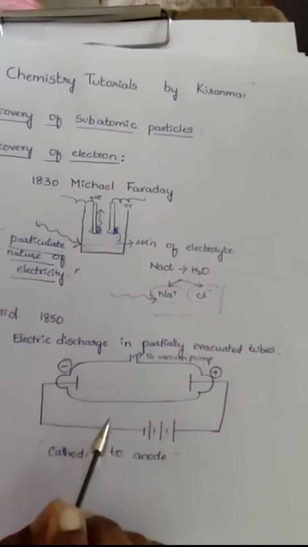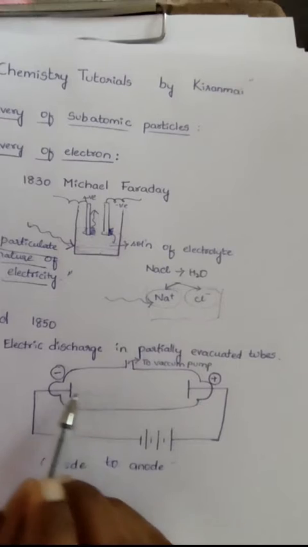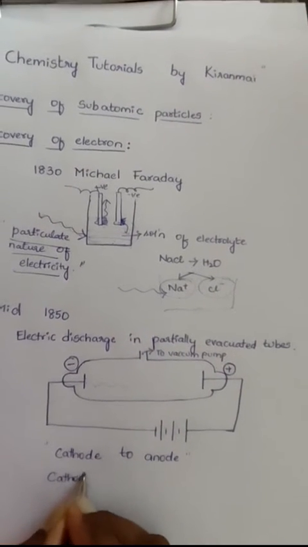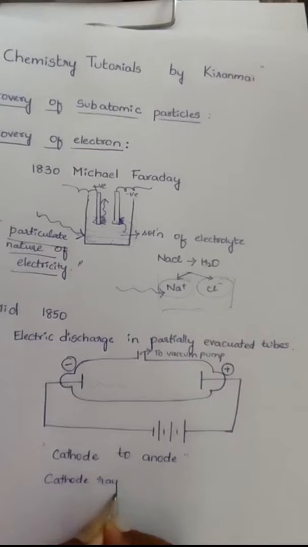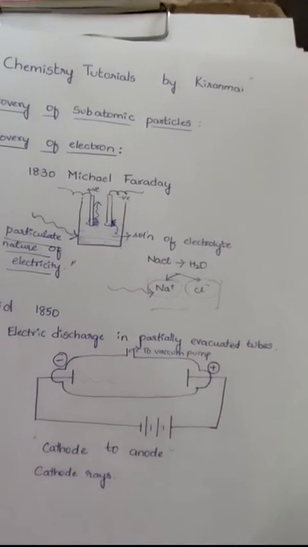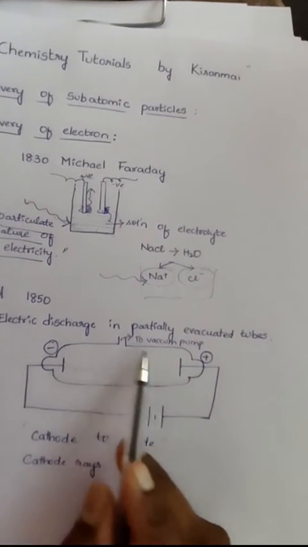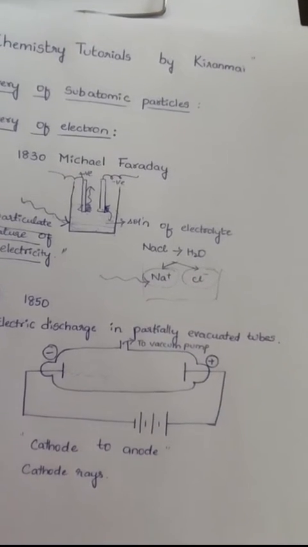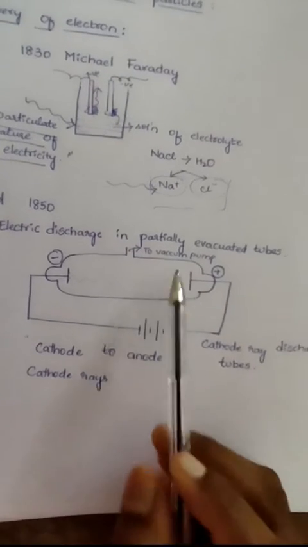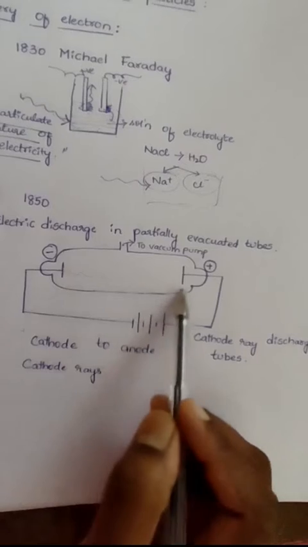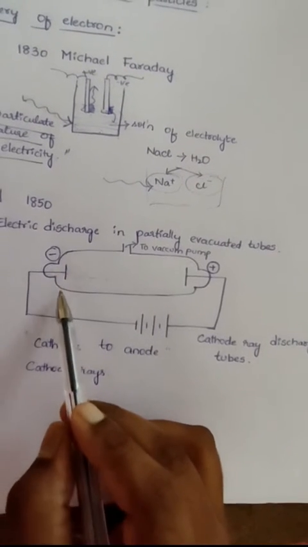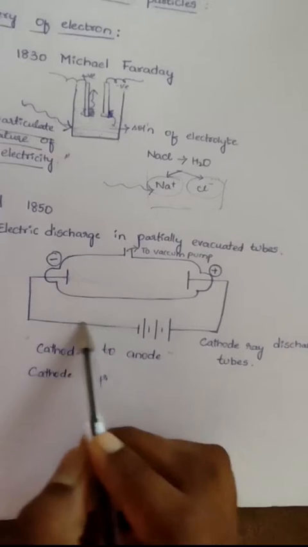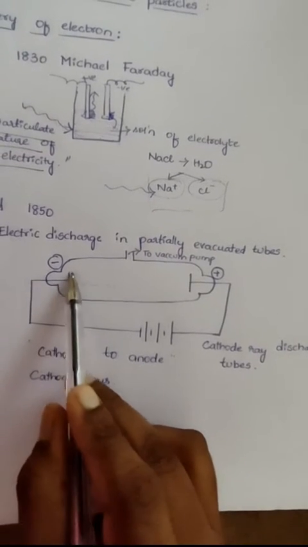As the rays come from the cathode, these rays are called cathode rays. These discharge tubes are also known as cathode ray discharge tubes. In these tubes, cathode rays are produced when electricity is passed through them.